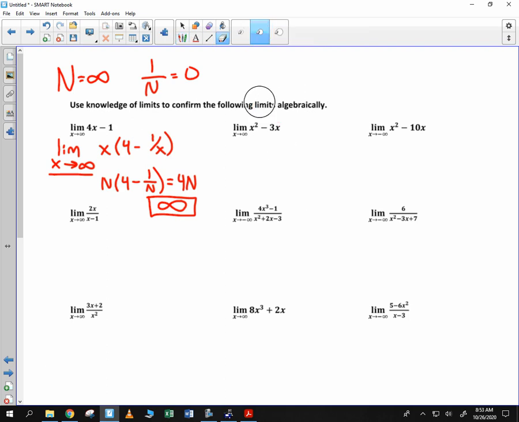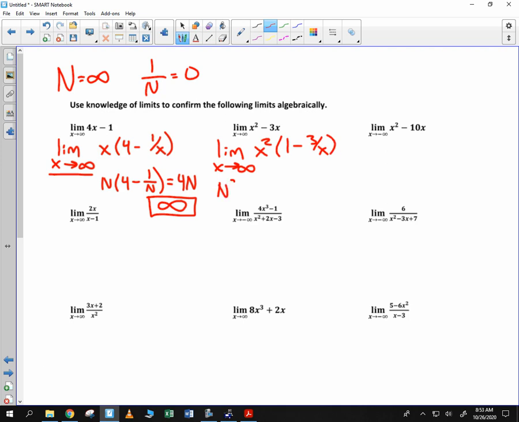The best way to show this is to factor out x squared. The limit as x goes towards infinity of x squared times 1 minus 3 over x. As you plug in a large number and square it, times 1 minus 3 over a large number, 3 over a large number is 0, so you get n squared, which would be infinity.